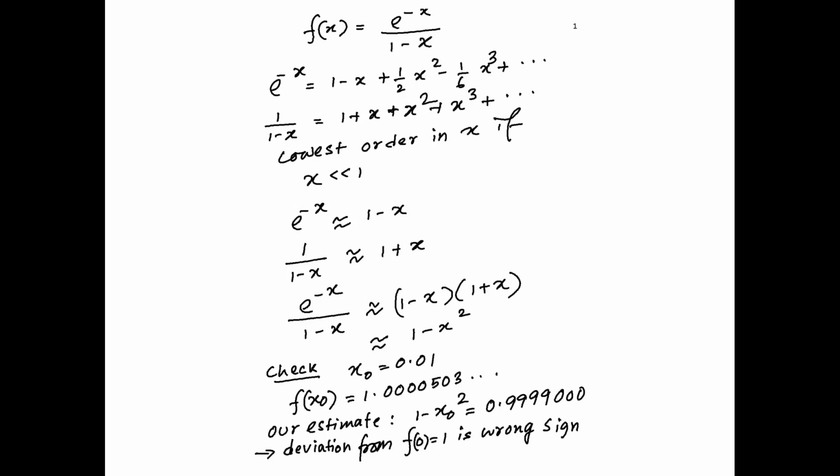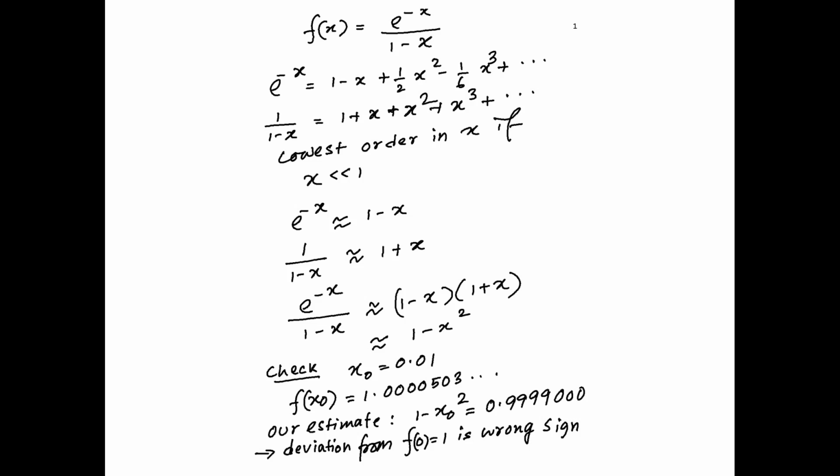You write down the function f(x) equal to e to the power minus x times 1 by 1 minus x, expand e to the power minus x simply as the Taylor expansion, expand 1 by 1 minus x as the Taylor expansion in line 3, and since we are interested in the lowest non-trivial order in x, which is a valid thing to do when x is much smaller than 1, we will write e to the power minus x as 1 minus x, we will write 1 by 1 minus x as 1 plus x and combine them together to get the function to be estimated at the lowest order as 1 minus x squared.